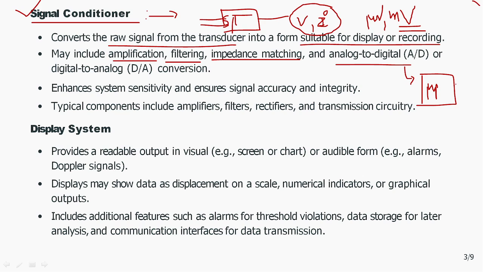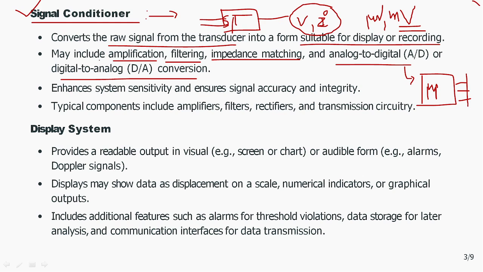Once that signal has been processed, we get the signal in digital form, and we can record that digital form, or we can convert it through a digital to analog converter, and that analog signal can be displayed on some display or monitor, or we can use it for different alert systems.